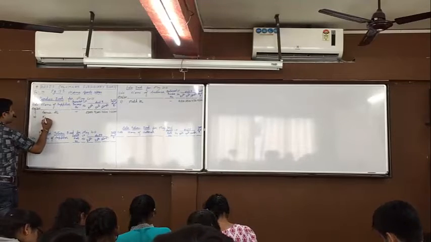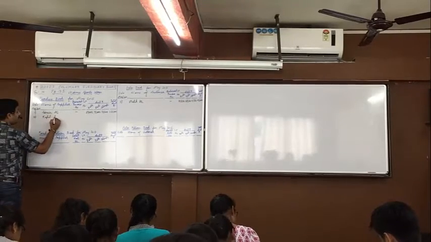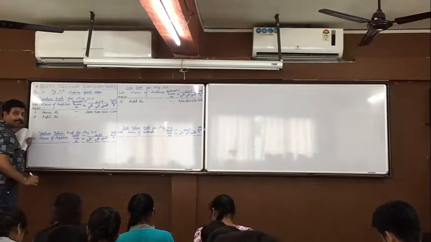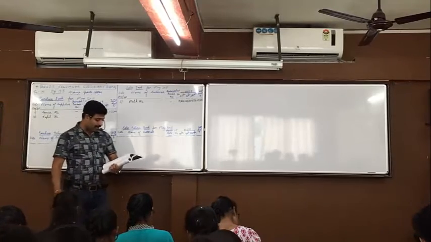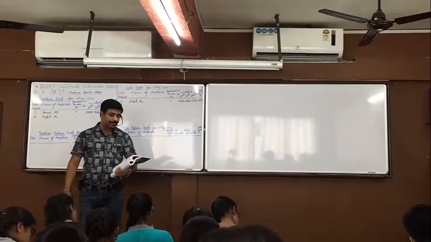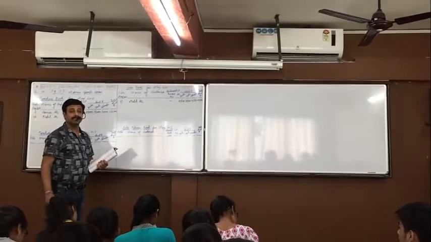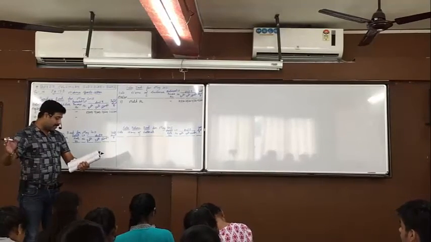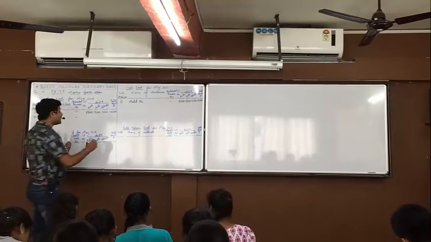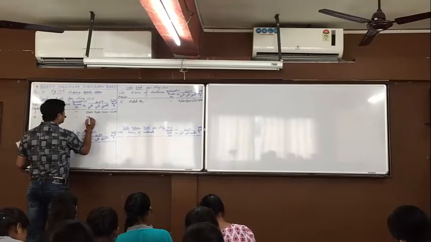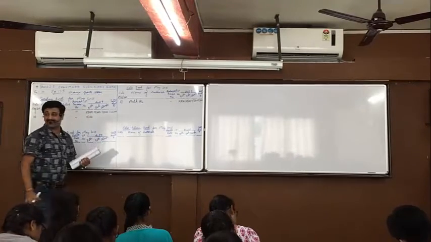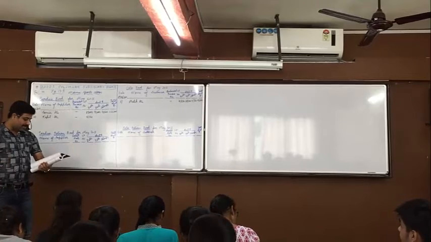Kapil account. Inward invoice number? Not given. Tell me balls amount. 4,320. Yes, do it everyone. 30 into 160 minus 10% trade discount in this question. Do you all get 4320? Yes, Deepak. Bats.